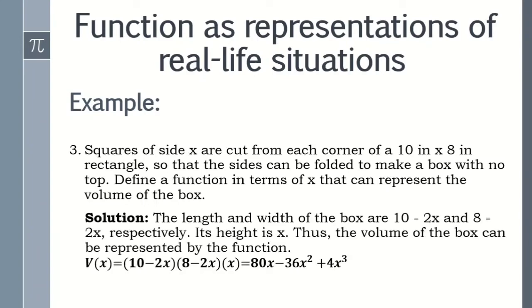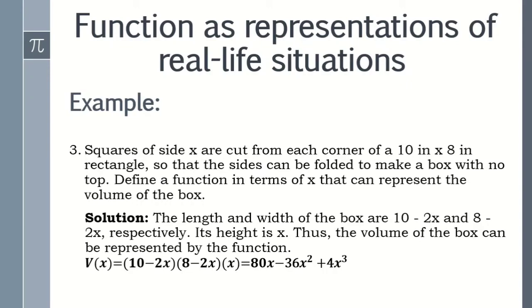So let's have the solution. The length and width of the box are 10 minus 2x and 8 minus 2x respectively. Its height is x. Thus, the volume of the box can be represented by the function V of x equals 10 minus 2x times 8 minus 2x times x equals 80x minus 36x squared plus 4x cubed.